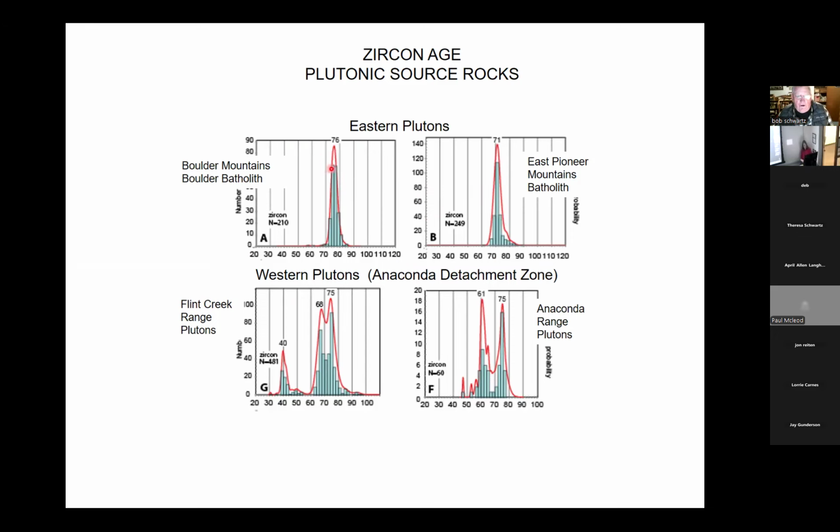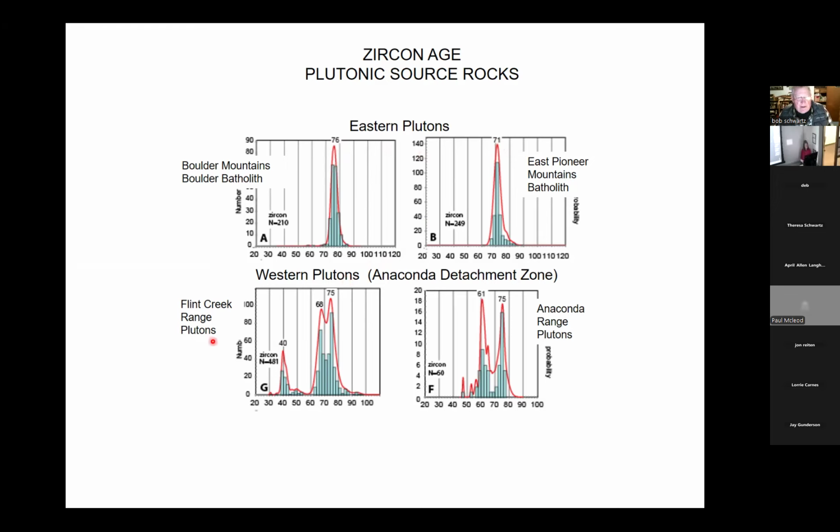They're unimodal, with a fairly tight zircon age distribution. The age in the Boulder batholith is 76 Ma, and in the East Pioneers, 71. So a little bit different, but both late Cretaceous, unimodal zircon age distributions.